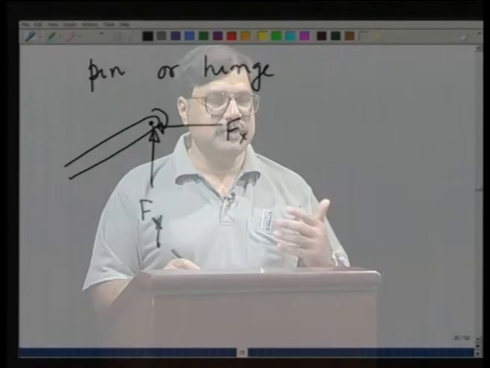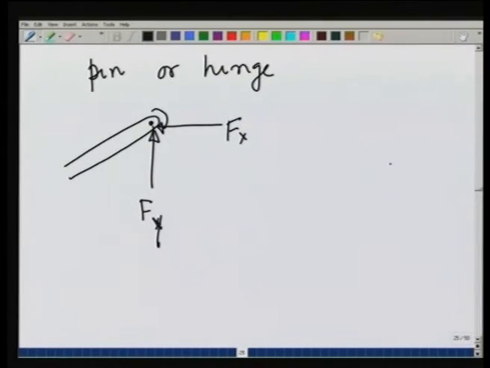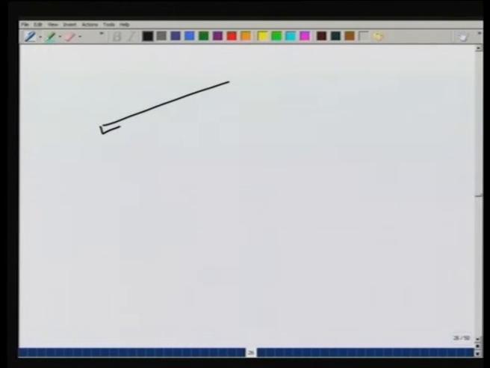You have all traveled in trains, and sometimes when a berth is in its vertical position, you apply a force F like this in order to pull it up, and this is hinged at this point. So, the problem we want to solve is, suppose you pull this berth out and you are applying a constant horizontal force F like this. The weight of the berth is W and it is hinged here.